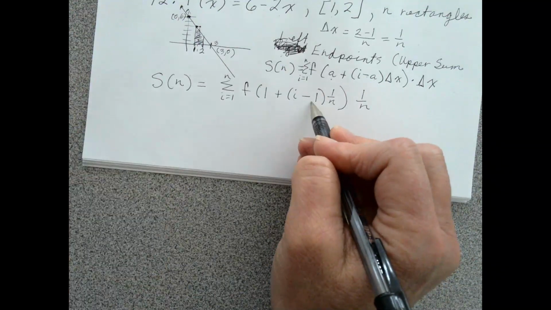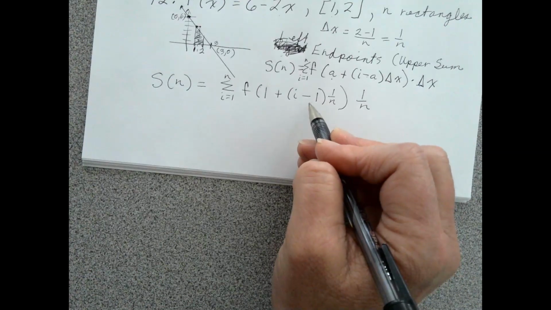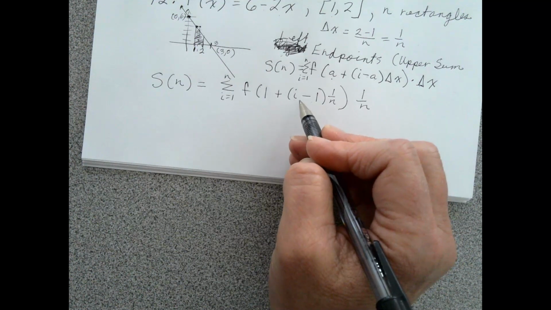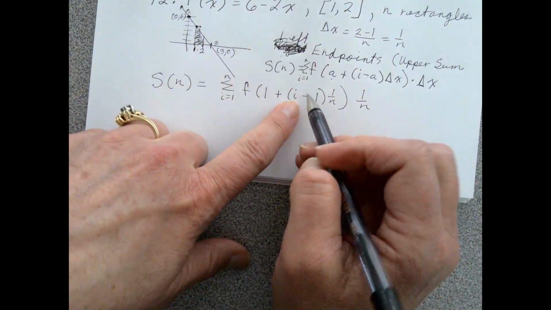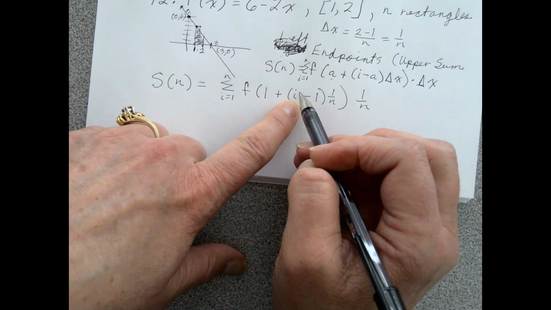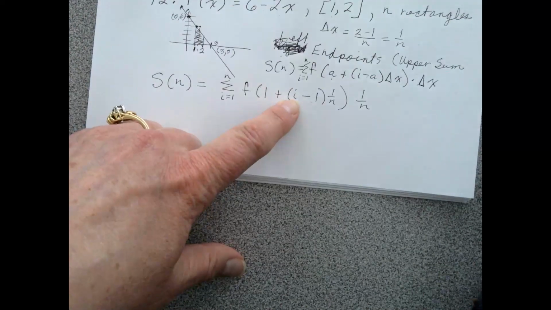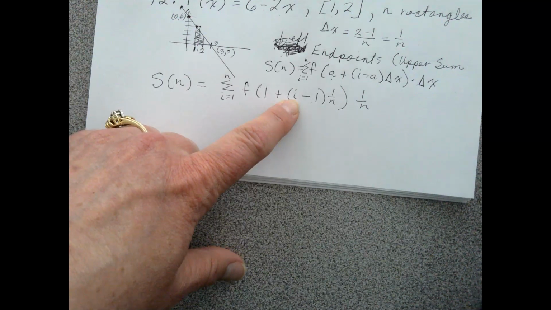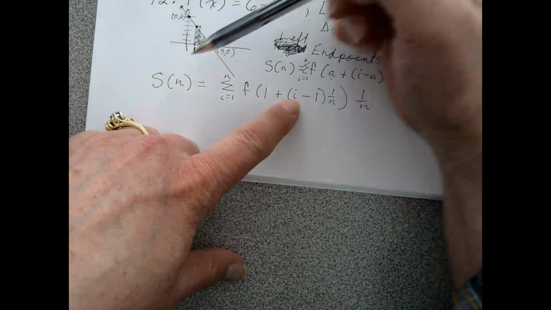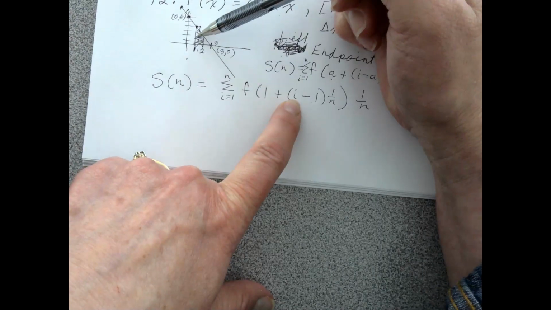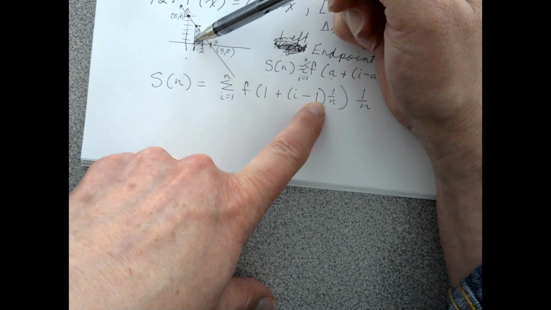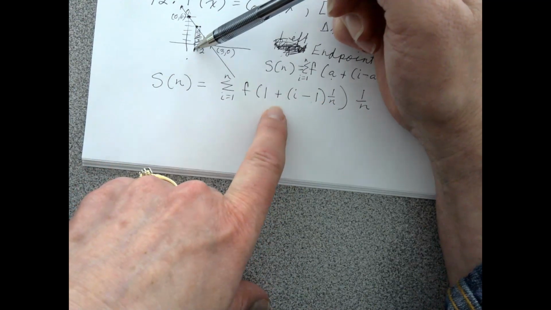I minus 1? In the general formula, it's i minus 1? So for the first rectangle, if we're doing a left endpoint, i is 1, 1 minus 1 is 0, which gives me the left endpoint.